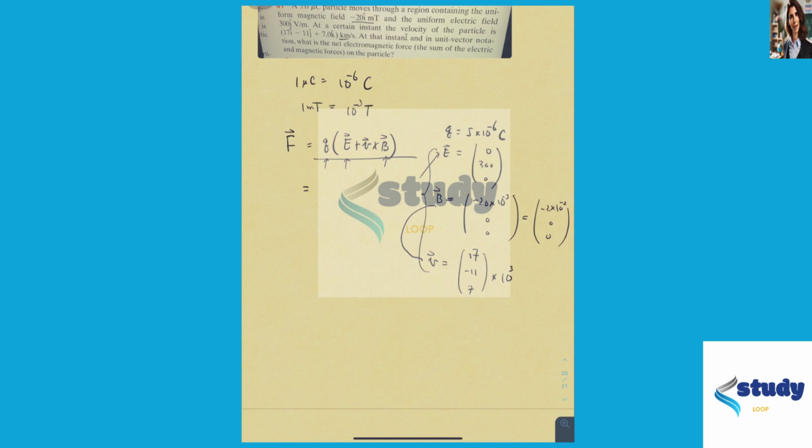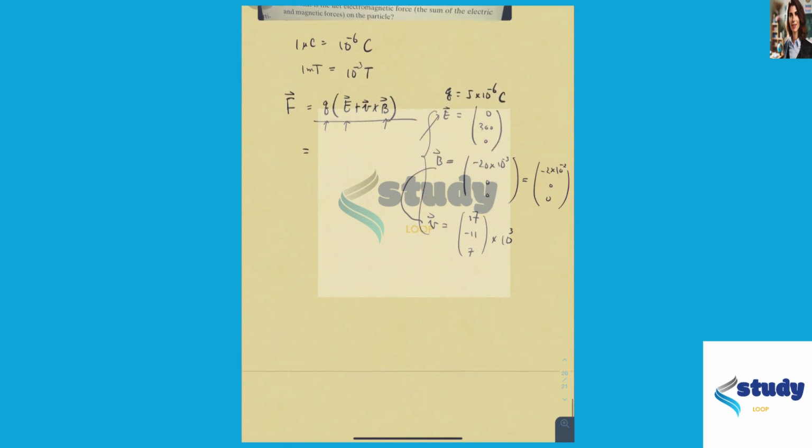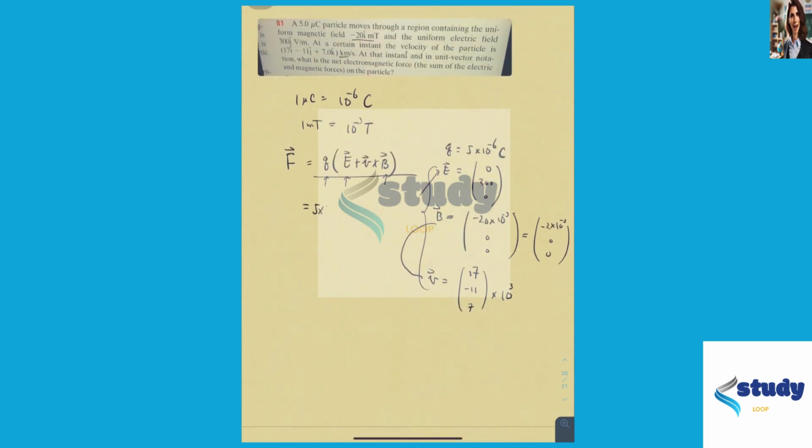So this is a very, very simple problem to solve. Let's start plugging in numbers. q is 5 times 10 to the -6, times E, which is (0, 300, 0), plus the velocity (17, -11, 7) times 10 to the 3, cross product with B, (-2 times 10 to the -2, 0, 0).